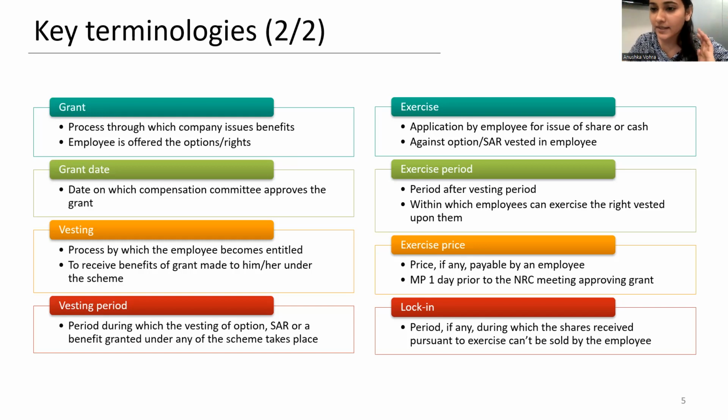We'll study the life cycle of ESOPs, then we'll study each and every topic in detail. Also, what is the exercise period in case of death, incapacity, termination, resignation? Does the company have to specify a different exercise period, or will it be the same as in the normal scenario? We'll see that in detail in our next session.